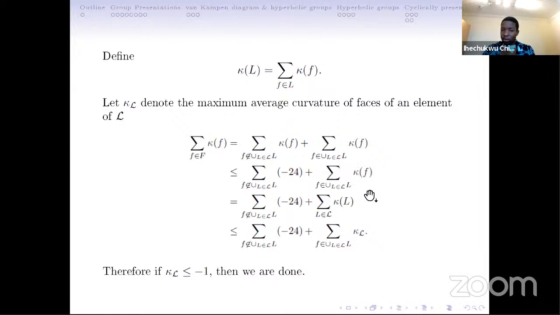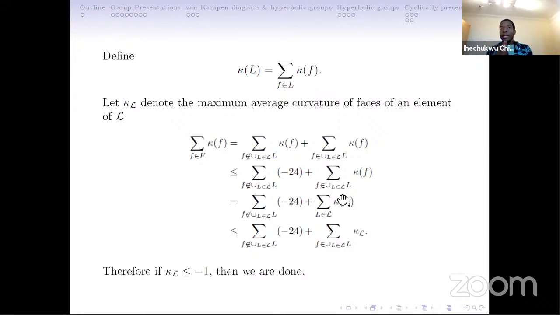So the problem is now here. And because the elements here are all distinct, I can sum over the curvatures, defining KL to be the maximum. Remember, we want to bound this thing by minus F in the end. So I'm taking the maximum curvature, so this is the maximum average curvature of an element.